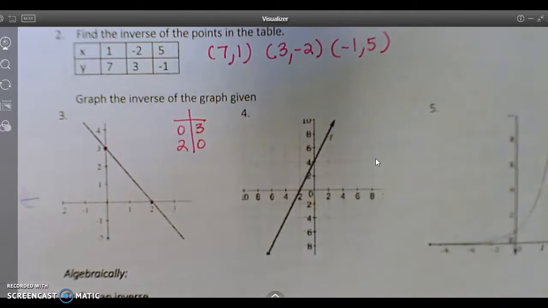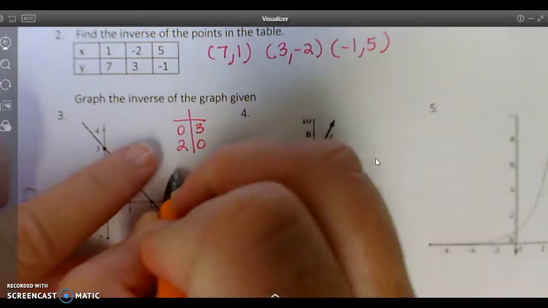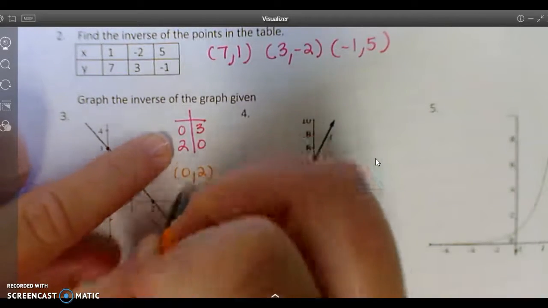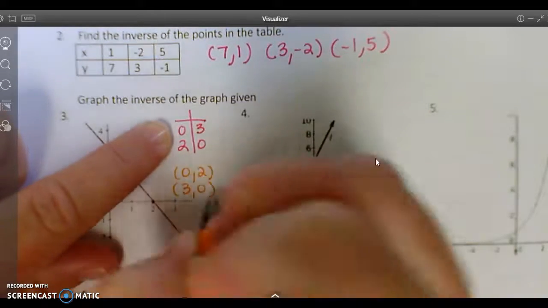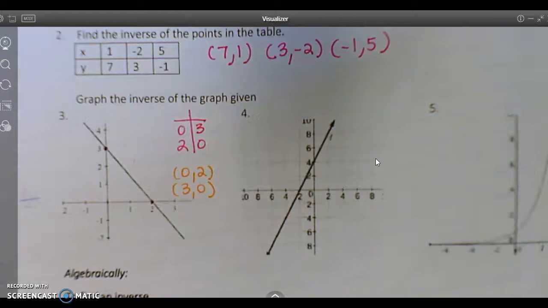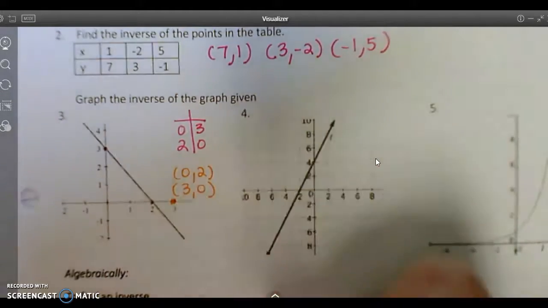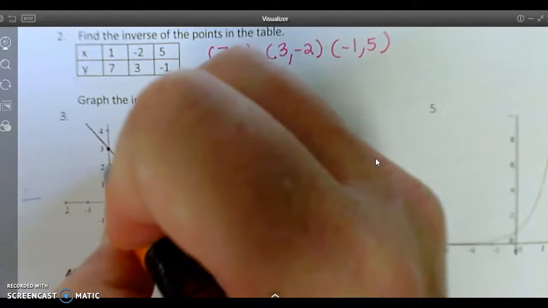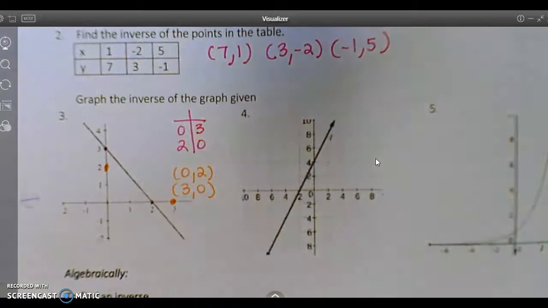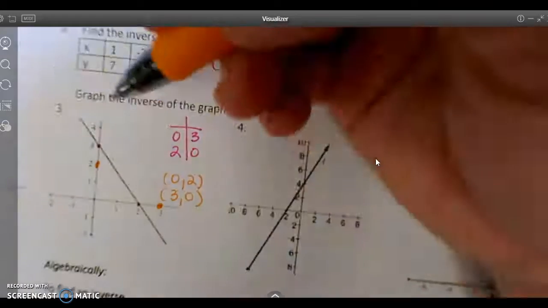So if I switch them, just flip-flop them, I would have 0, 2 and 3, 0. And now I'm going to graph those points, the ones that I just flipped. So 3, 0 would be here. 0, 2 would be there. And then you just connect them.